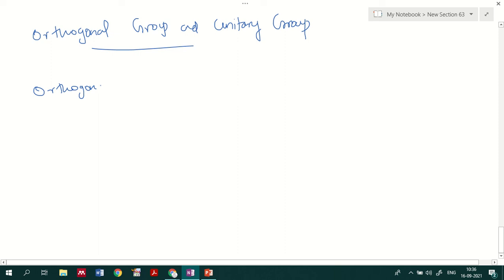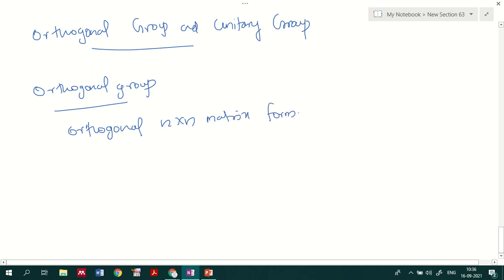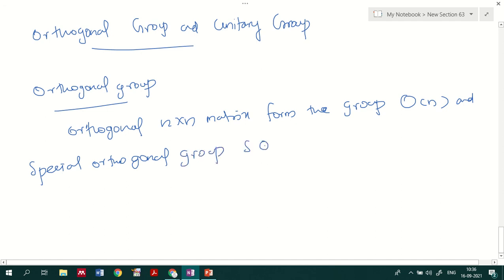In the orthogonal group case, we'll have orthogonal n by n matrices, which form the group of orthogonal n, and we'll also have a special orthogonal group that we call SO of n.